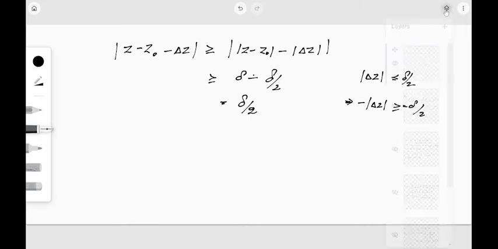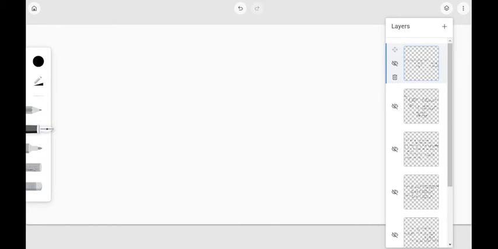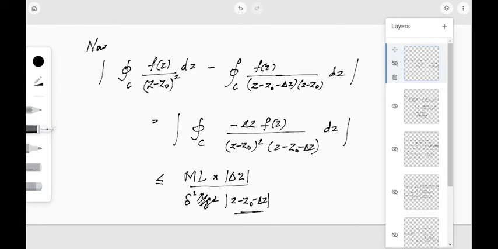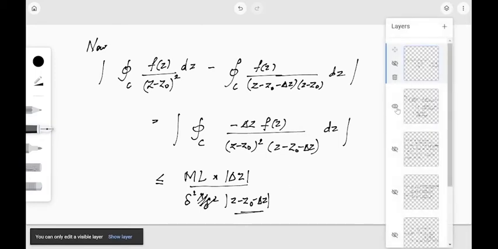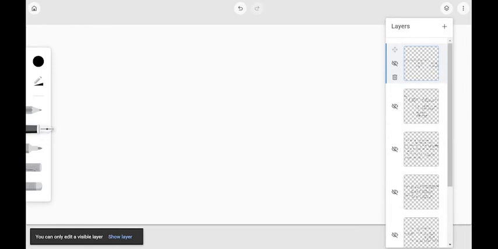So here what I'm going to do is I'm going to substitute this in this. So this is also less than delta by 2, right? So let me just write it down again.